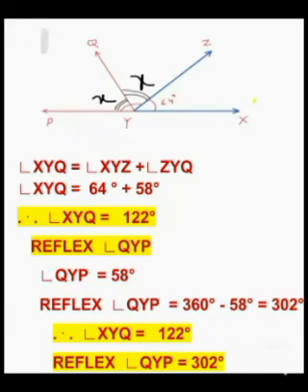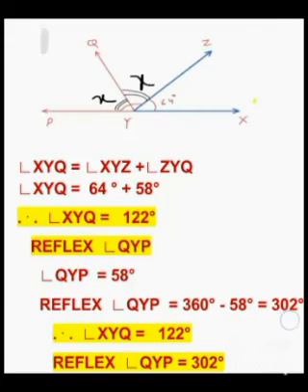We got the first one. Next one, they have asked to find out the reflex angle of QYP. So, once look at the figure. Angle QYP is equal to x degrees. How much we got that one? 58 degrees, isn't it? So, what is the reflex angle of QYP? We can find 360 degrees minus 58 degrees. Reflex angle of QYP is equal to 360 degrees minus 58 degrees.